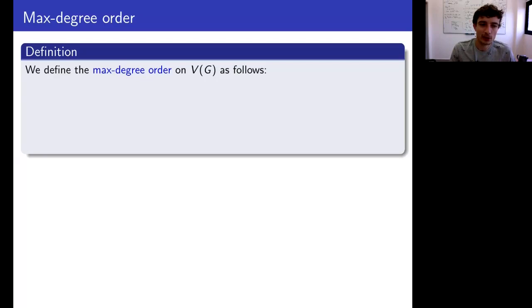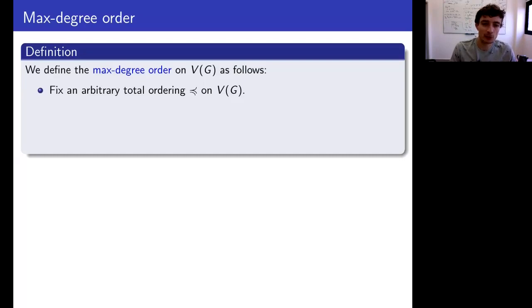Here we'll do something complementary. We'll take a graph and we keep peeling off vertices with largest degree. In order to break ties between vertices that have the same degree, we first fix some arbitrary total ordering on the vertices. I will denote it by this curly less or equal sign.